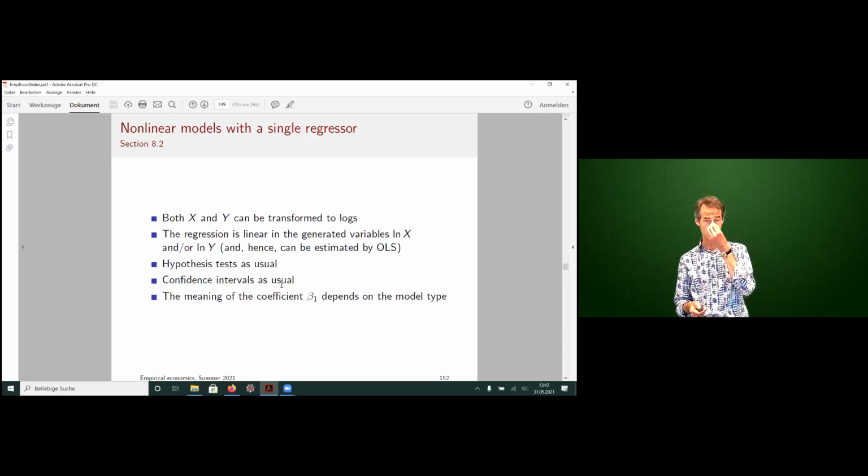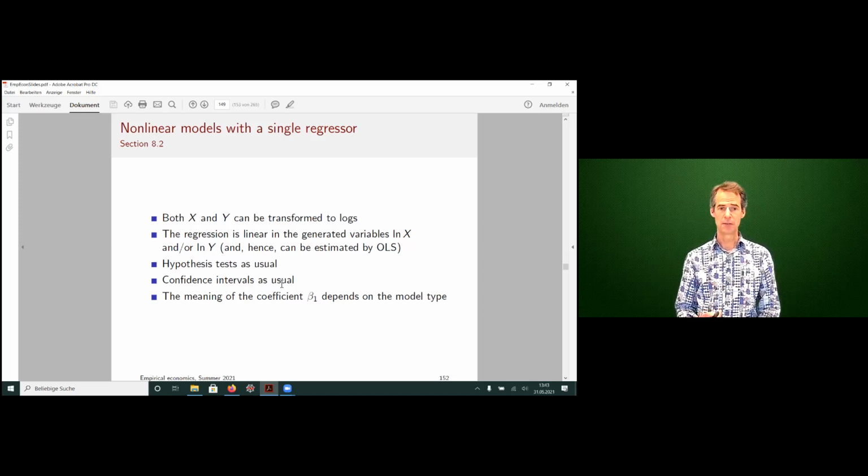All right, so to sum that up, we can transform both the x's and the y's by taking their logs. And in that case, the regression is still, in a way, a linear regression because it's still linear in the generated variables, so log of x and/or log of y. So the estimation approach is just the same as before. We still use the lm command in R. The entire test theory does not change. So we can perform hypothesis tests in the same way as before.